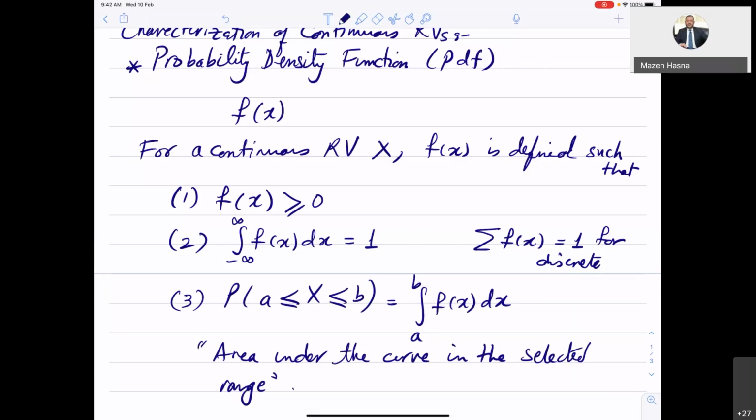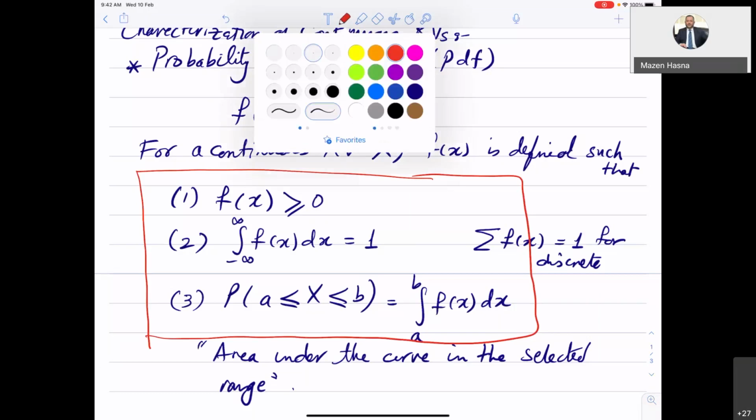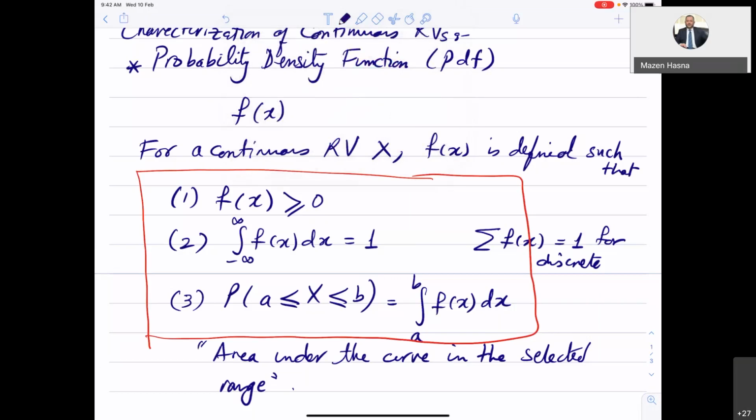So this is the definition or the characterization of the small f of x in the continuous domain.